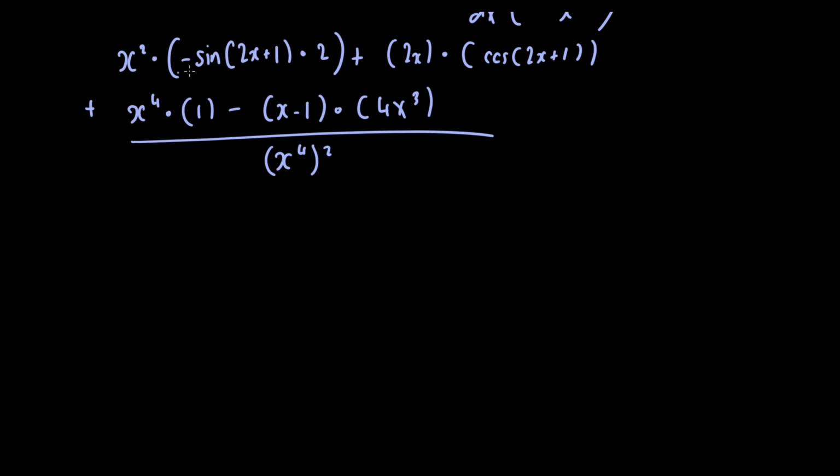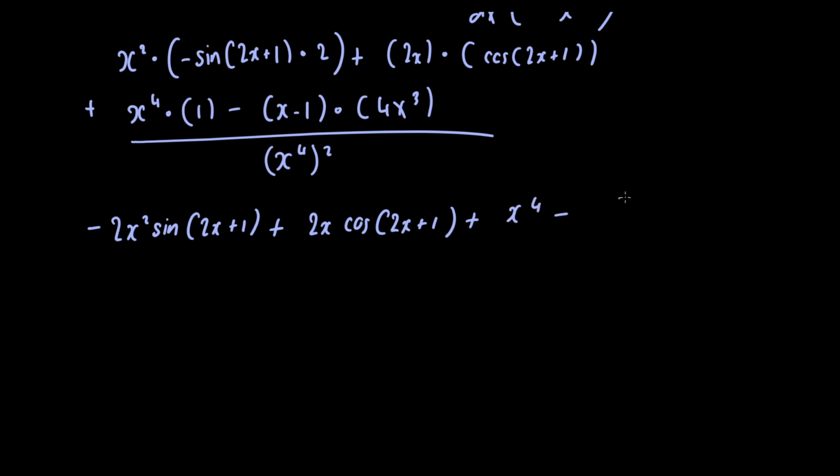We're going to have x squared multiplied by minus sine of 2x plus 1 multiplied by 2. So we're going to have minus 2x squared sine of 2x plus 1, plus 2x times cosine of 2x plus 1, plus x to the fourth power minus 4x to the fourth power plus 4x cubed, because a minus times a positive is a minus, and a minus and a minus is a positive.